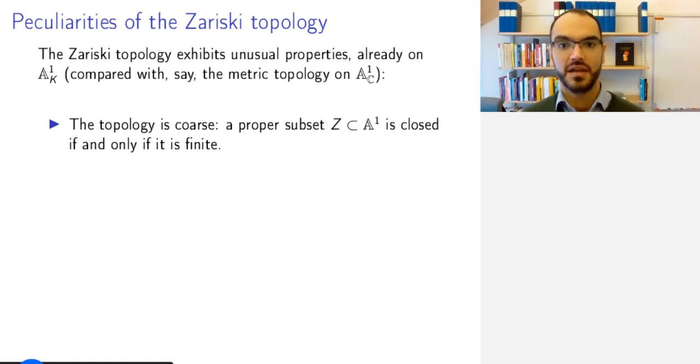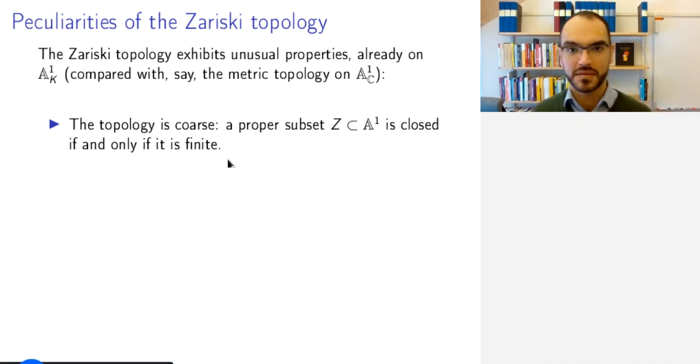So if you look at proper subsets of the affine line, what is a closed subset? A closed subset is the zero set of some set of polynomials in one variable. But as we have talked about, no polynomial has infinitely many zeros in the affine line.